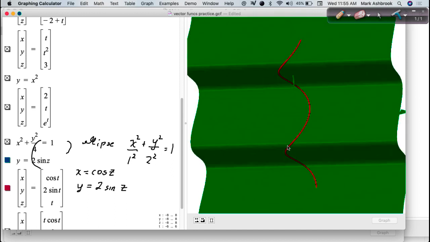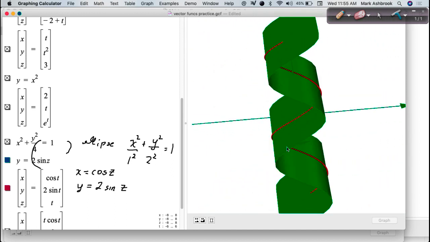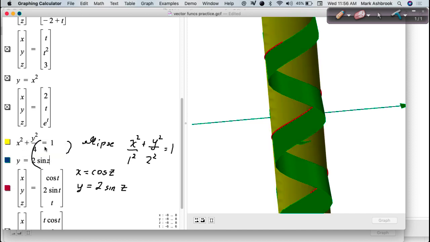So that curve lives on 3 cylinders. It lives on the cylinder you get when you combine the x and y, the x and z, and the y and z. But even more than that, it's going to be the intersection of all 3 of those cylinders.